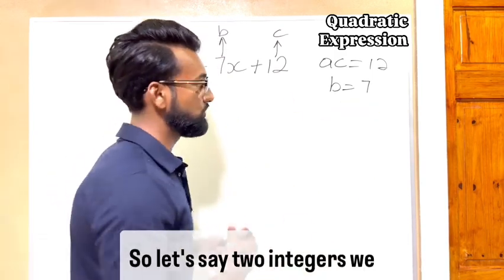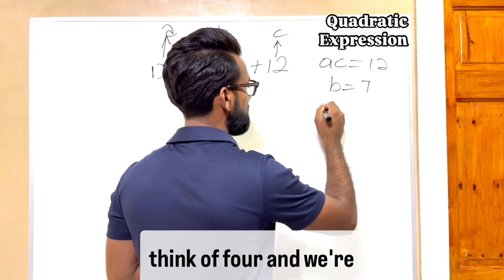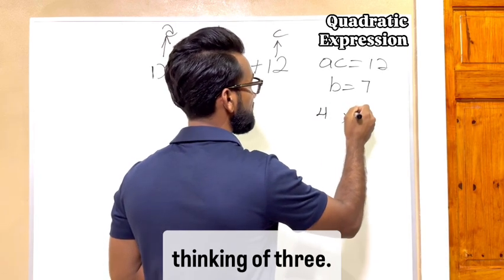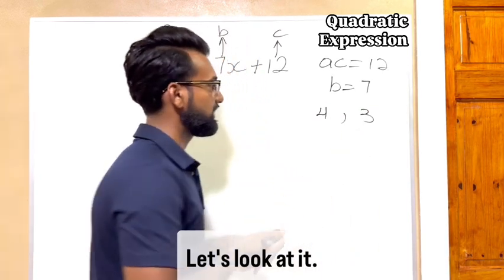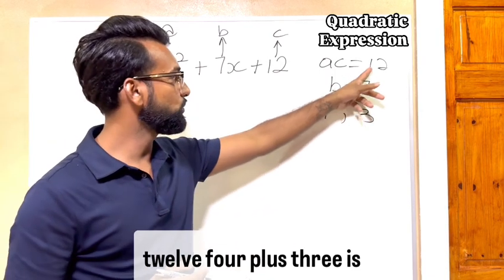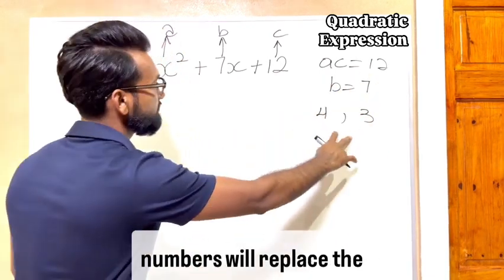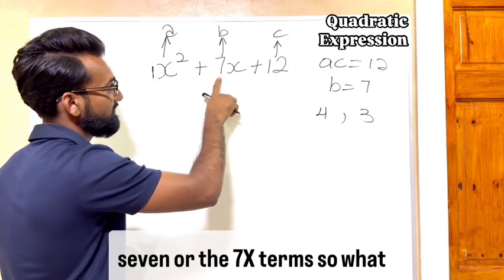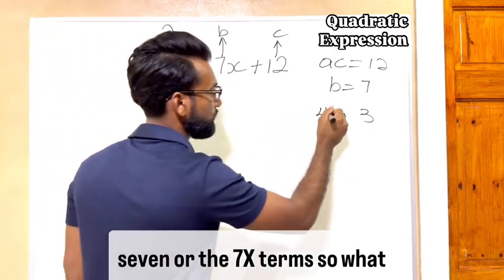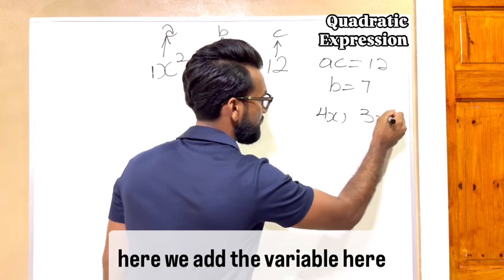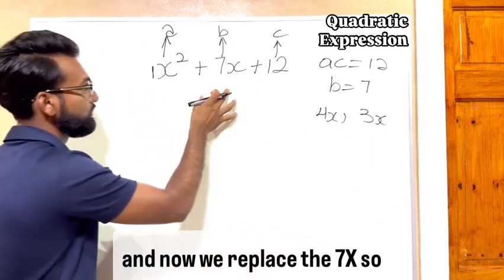All right, so let's see, two integers. We think of 4 and 3. Let's look at it. 4 multiplied by 3 gives us 12. 4 plus 3 is 7. These two numbers will replace the 7x term. So we add the variable here and here, and now we replace the 7x.